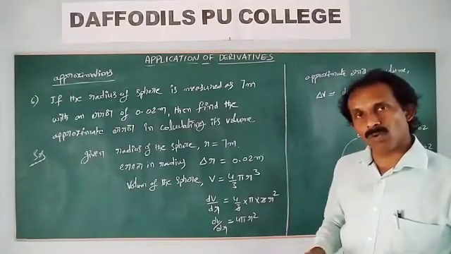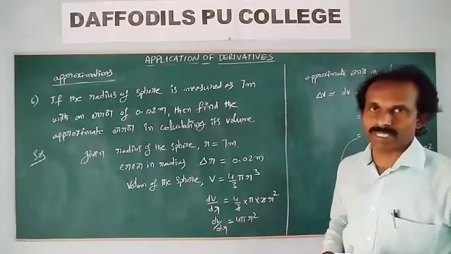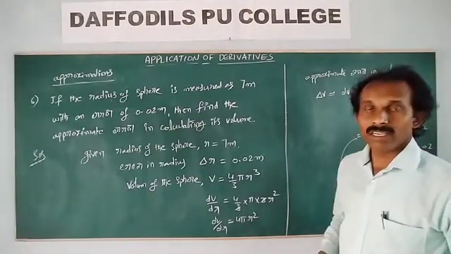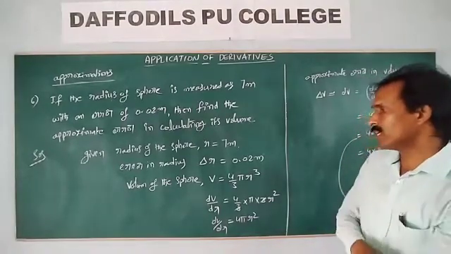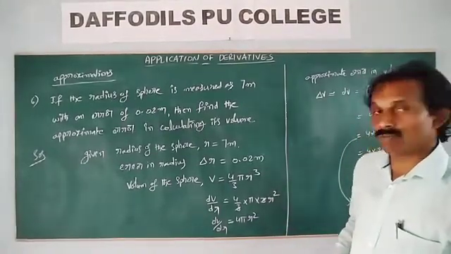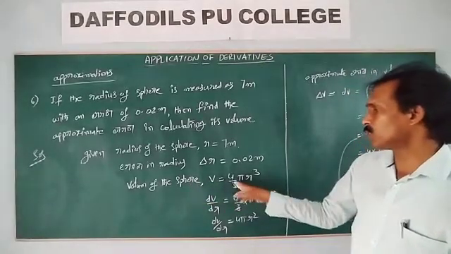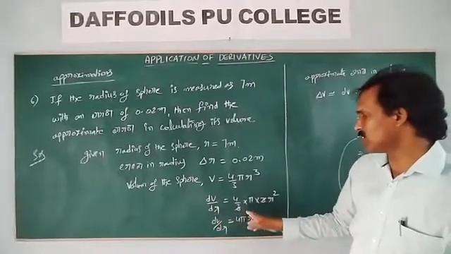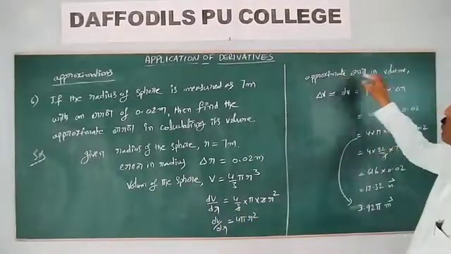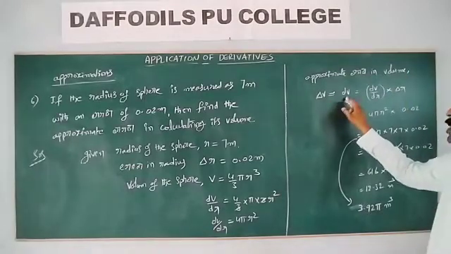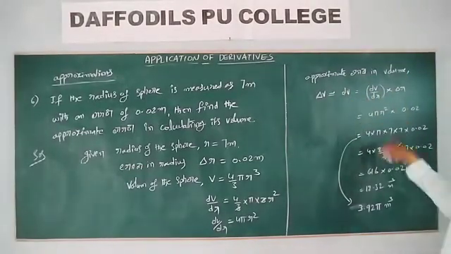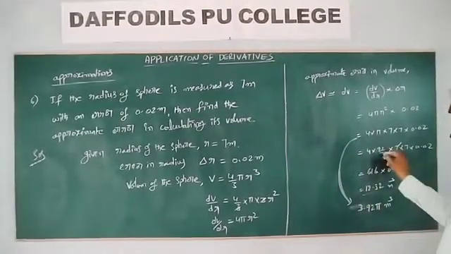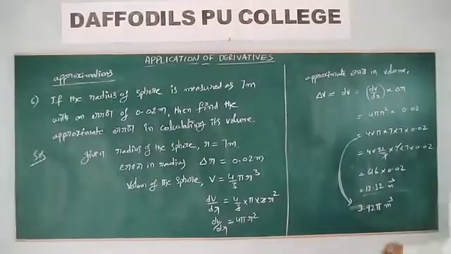Next, differentiate with respect to r: dV by dr is equal to 4 pi r square. Next, approximate error in volume delta V is approximately equal to dV. So finally, the answer is 3.92 pi meter cube, or else with pi calculated, 12.32 meter cube.